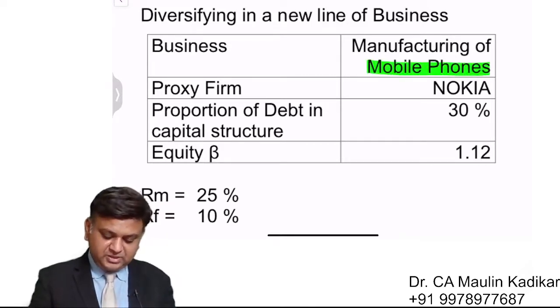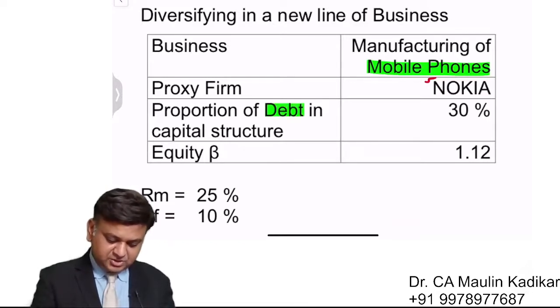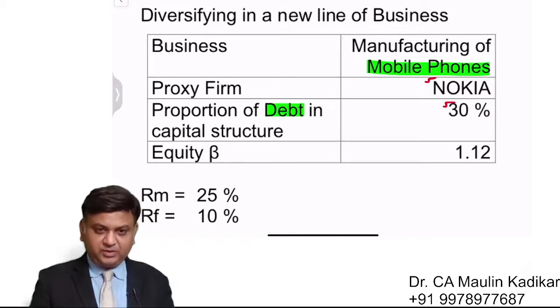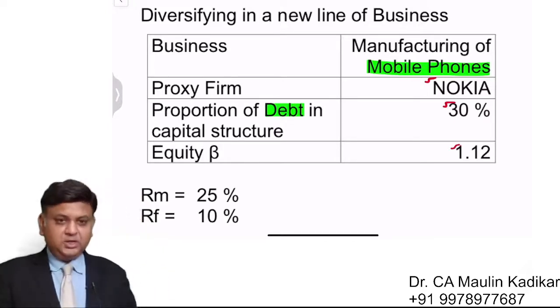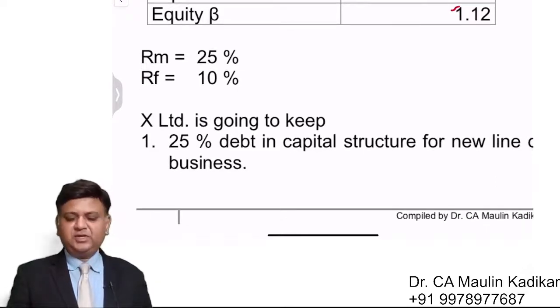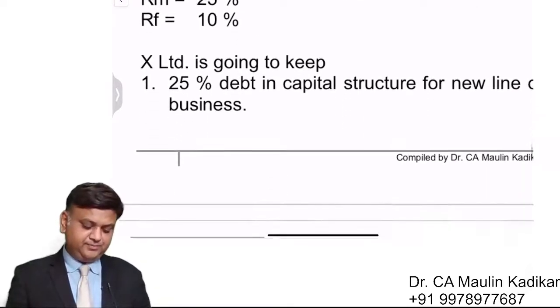The proxy firm is NOKIA company. The proportion of the debt in capital structure is 30%. Its equity beta is 1.12. Return on the market portfolio दे रखा है 25, RF risk free rate of return दे रखा है 10.